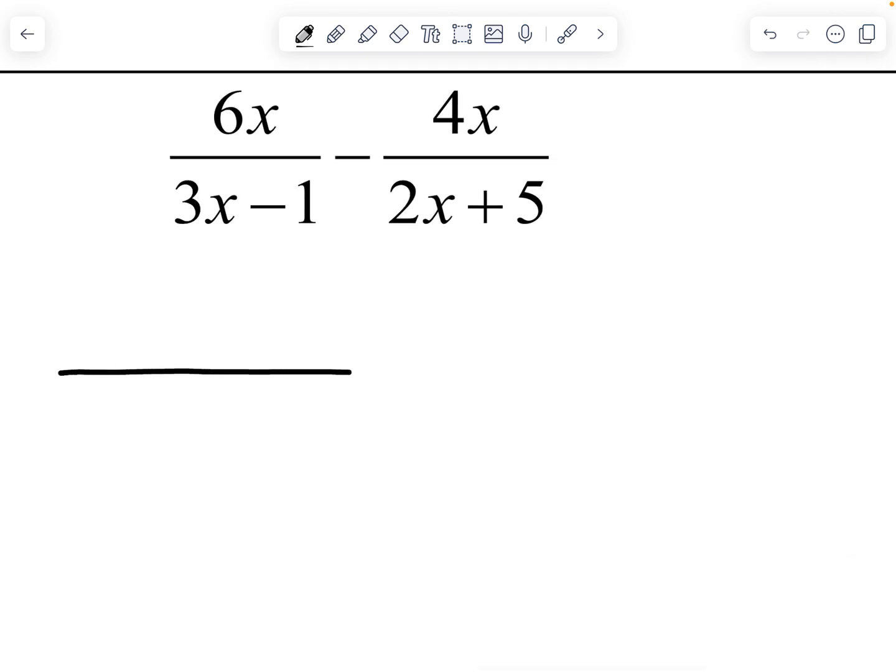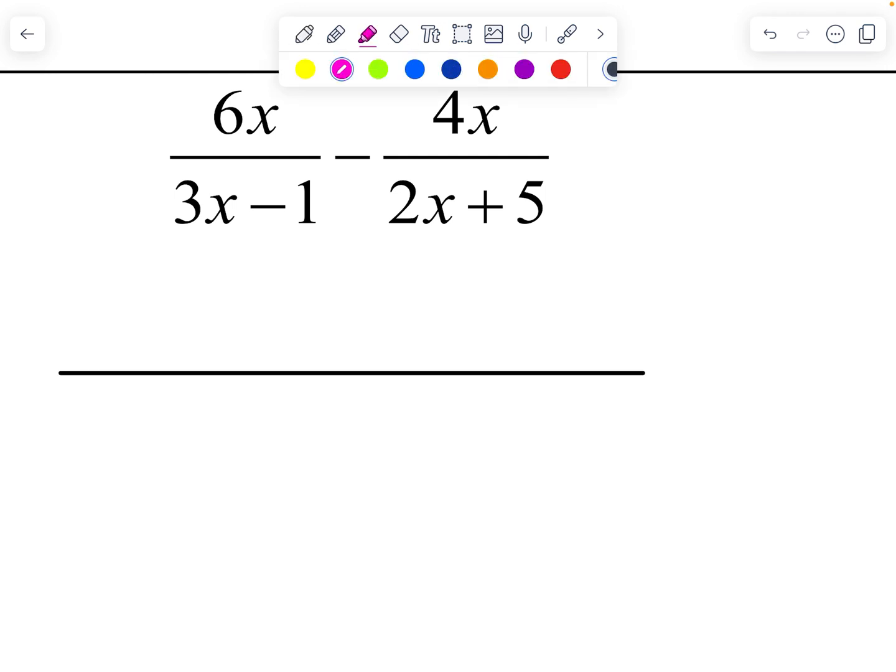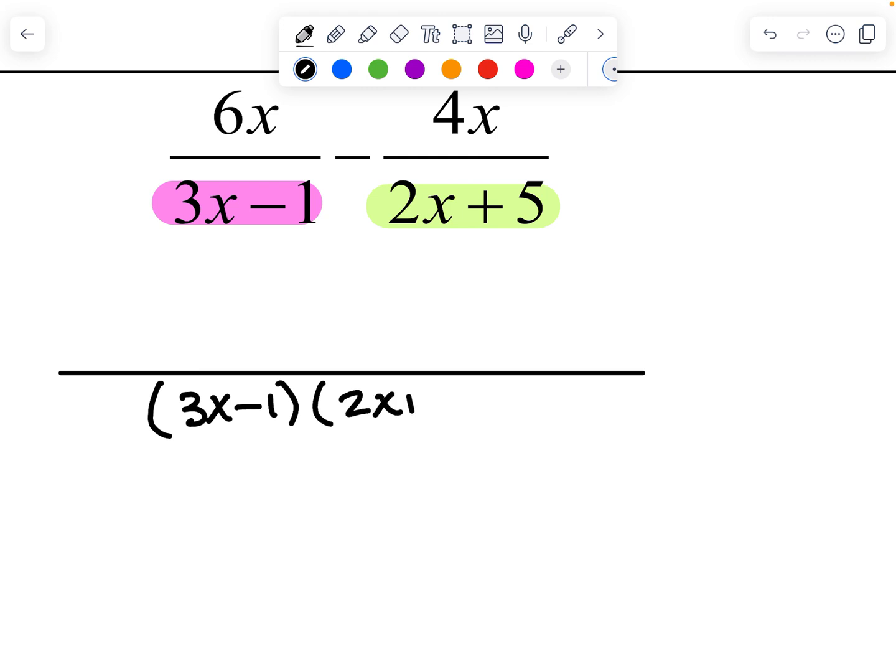Common denominator. The common denominator is going to be all of this and all of this. So the first question we ask ourselves is, how do I turn this into all of this?